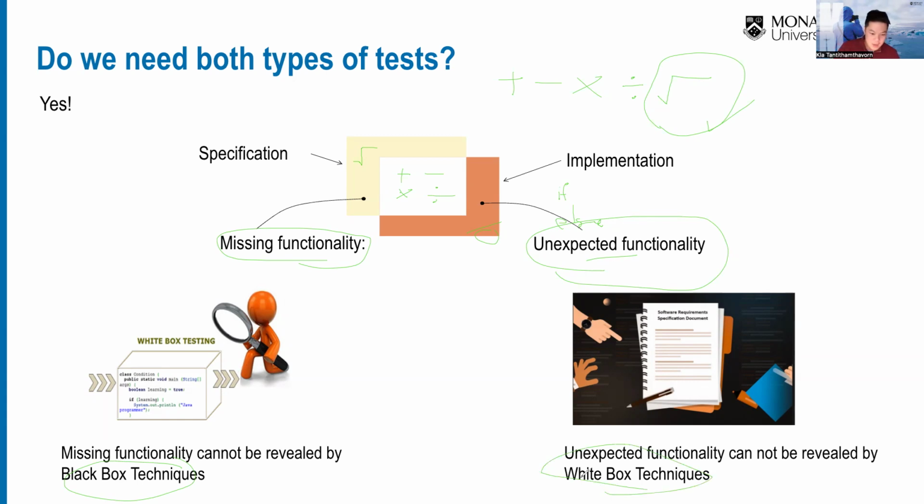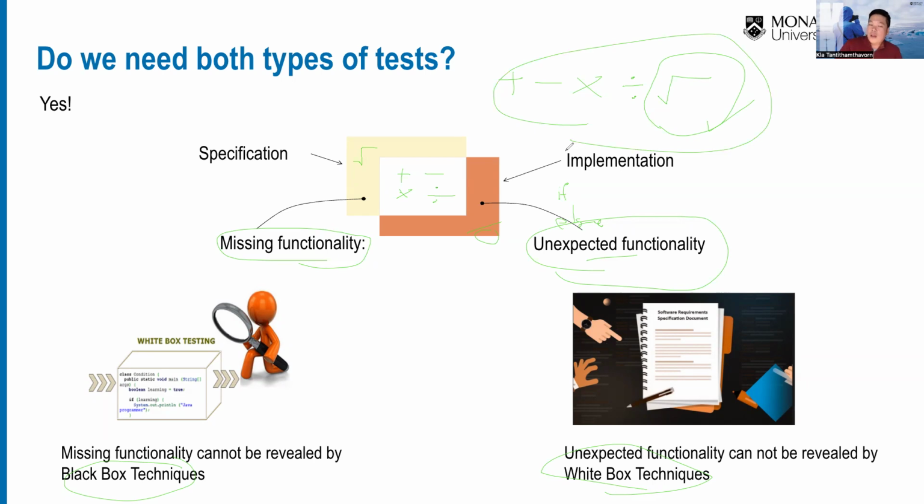The question is, can we test the division by zero in black box testing as well? Yes, definitely. It doesn't mean that you need to test the division by zero with one approach or another. You can do both, but at the end of the day, when you look at the requirement, this is more like requirement coverage.